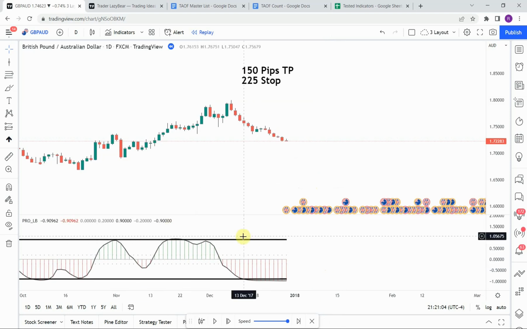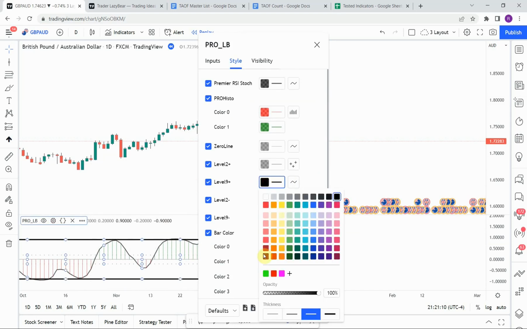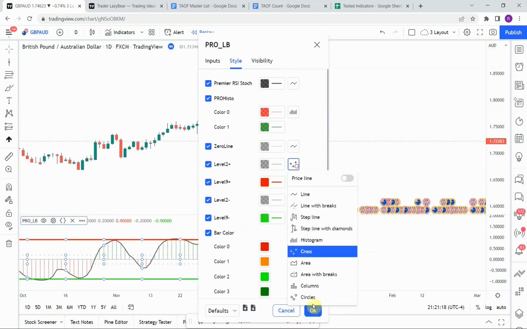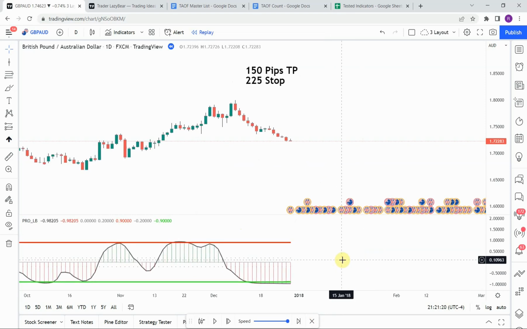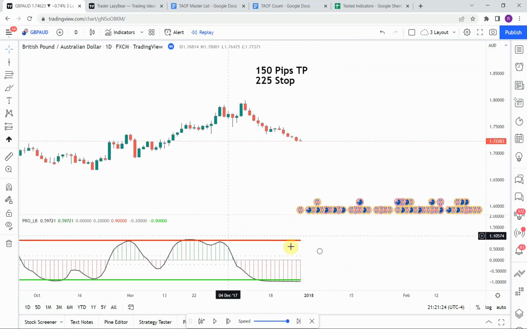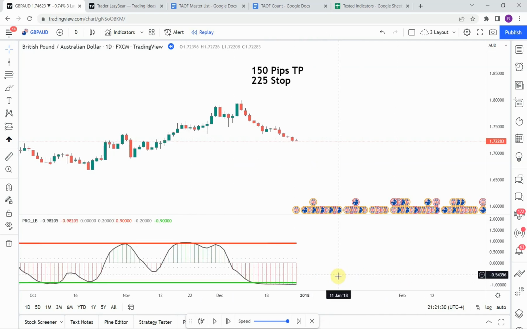There we go. So anything above the upper band here, this black one, but what we'll do is we'll make that, there we go. So it gives us a little bit easier view. Anything above the red upper band here, we are then looking for a short opportunity. Anything below the lower green band here, we are then looking for a long opportunity.